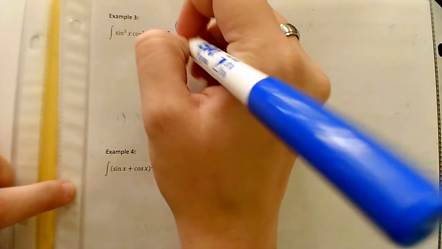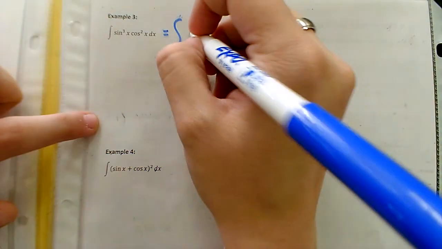Alrighty, let's try the next one. So, does that one look like any of the ones that we discussed? Can we maybe rewrite some portions? Okay, so maybe instead of using an identity right off the bat, maybe we can just rewrite it algebraically.